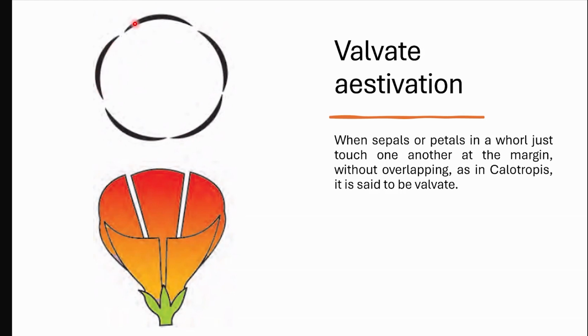Over here we can see the petals are arranged such that they are equal in length and have a small gap in between them. If they are overlapping, we will see that this one will overlap with this one, which will overlap with this. So you see this in each kind of aestivation that we discuss.